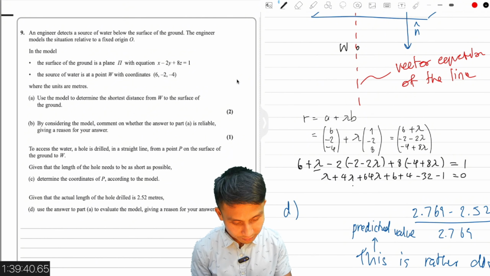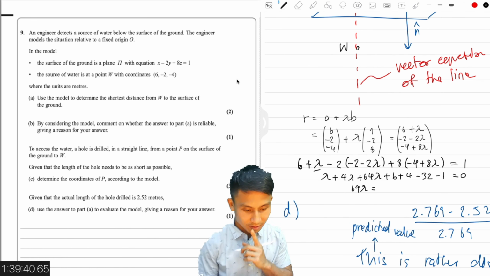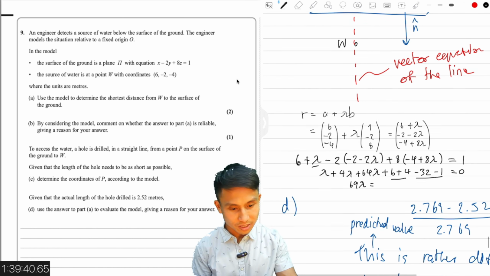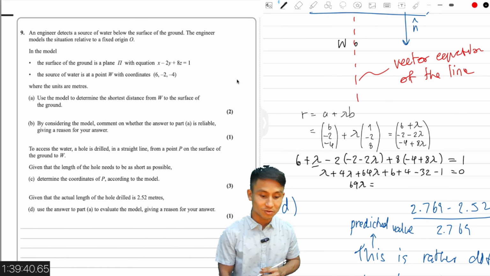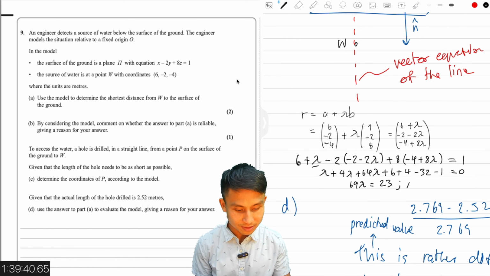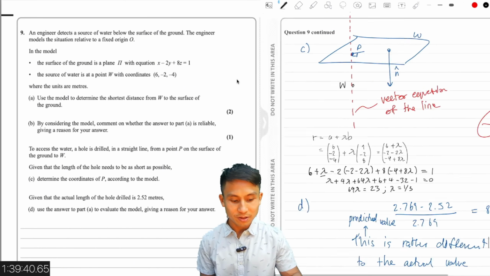So we have 69 lambda equals, on the left side, this one is 10, this one is minus 33, so that's minus 23, right? Yeah. So we have 23 here. That means lambda would be 1 over 3. That's just divisible. Okay. Lambda equals 1 over 3.